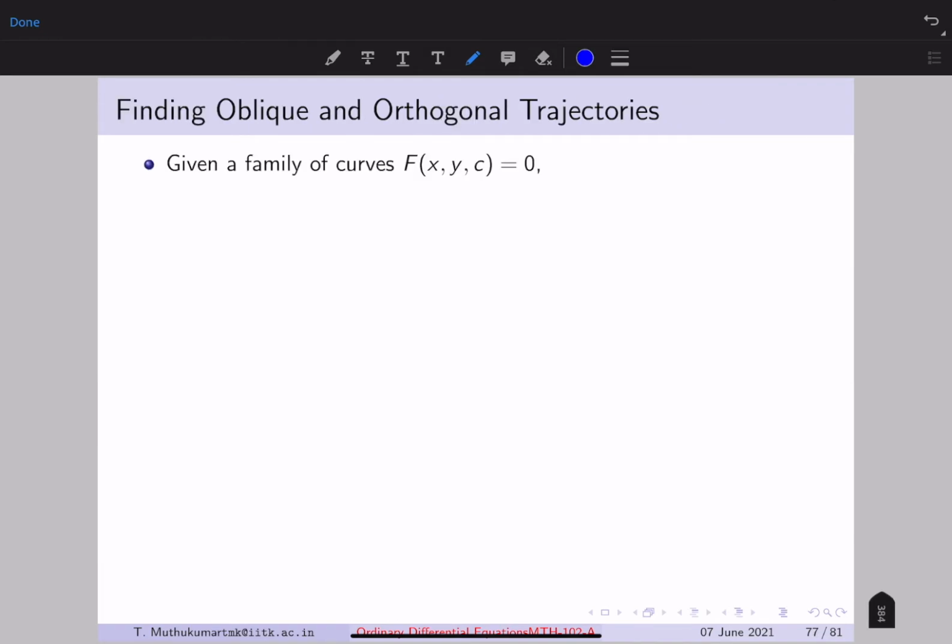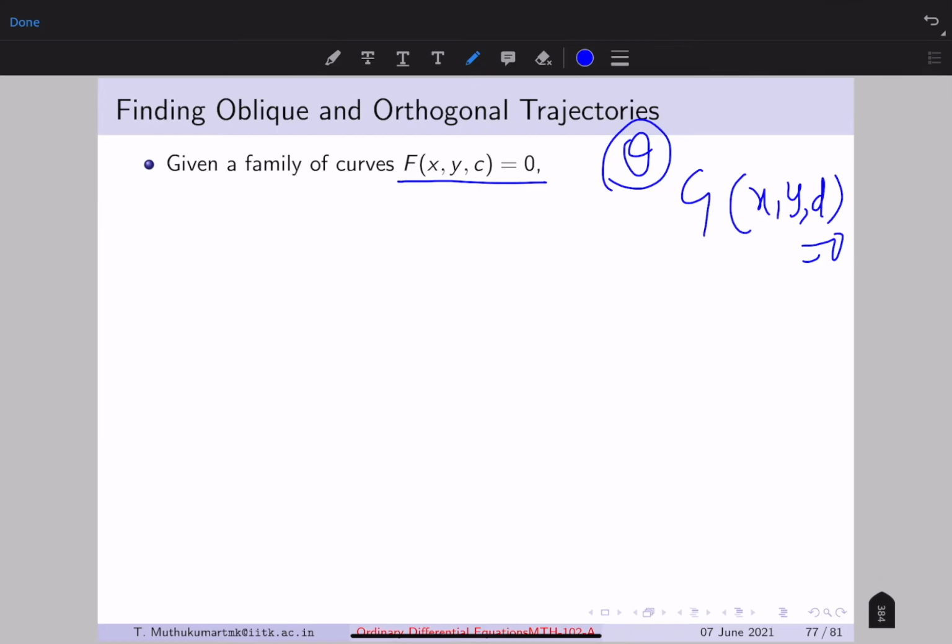Okay, so now the question is, given a family of curves F, and given some angle theta, can I find the family of curves, let's call it G, G(x, y) = c, such that they intersect at angle theta?